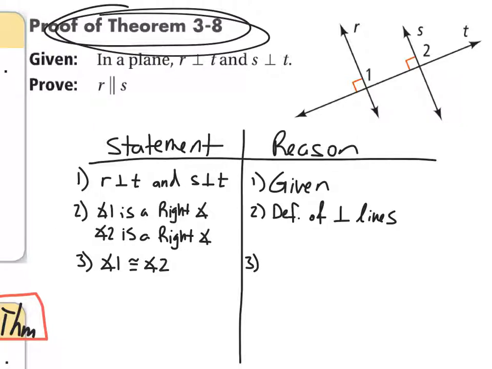And that, if you look back in your notes to section, I believe it's 2.6, on the back side of your 2.6 notes, it's all Unit 2 notes, so it should be in your Unit 2 packet, there is a theorem there that I called the right angle congruence theorem.